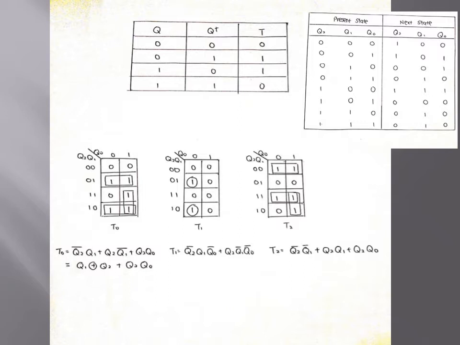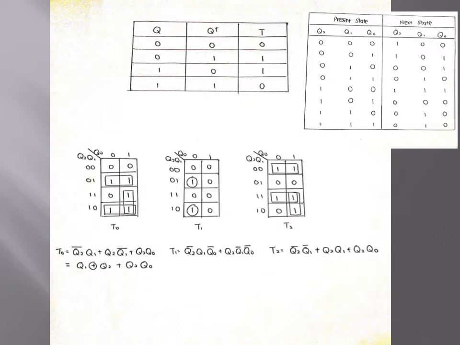And then Q equal to 0, you change to 1, and then T will be 1. Q equal to 1, and then we decrease into 0, T will be 1. When Q is 1, Q plus is also 1, remain unchanged, so T is 0. So we can now develop the T0 map, T1 map, and T2 map.